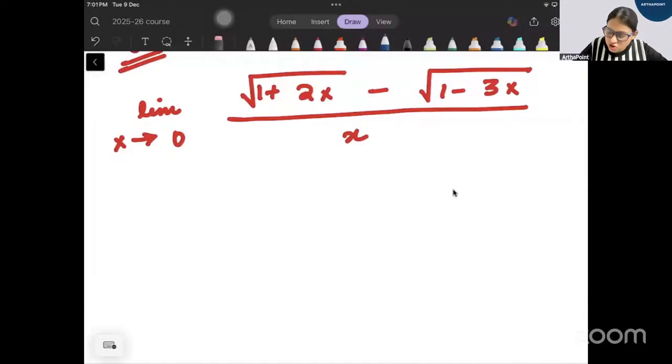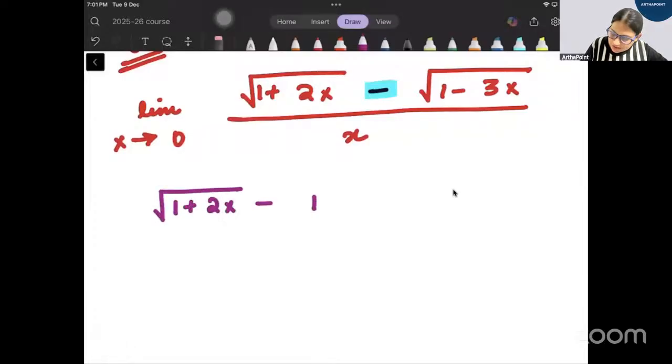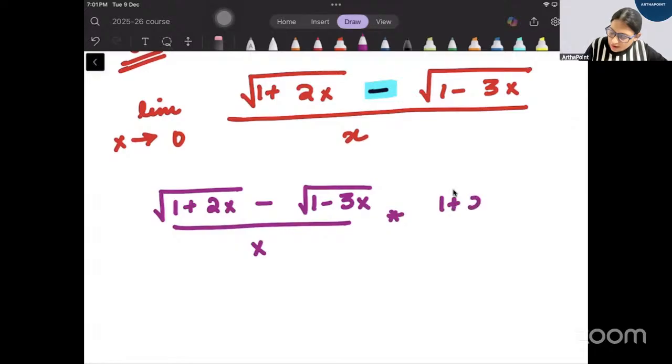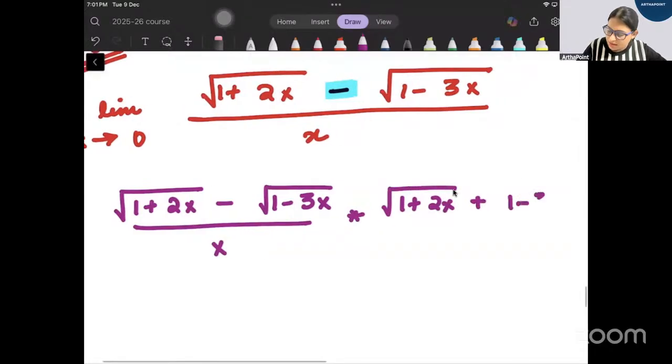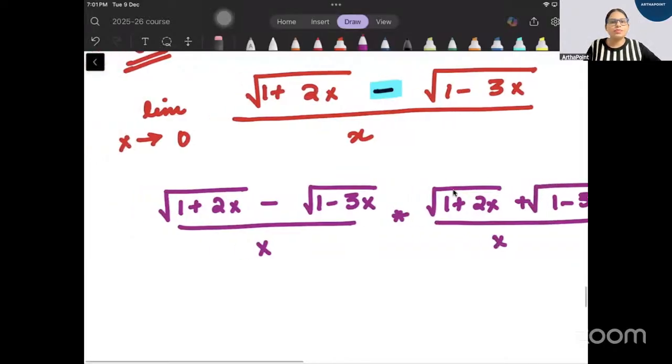In rationalization, if you see a negative sign here, you multiply numerator and denominator with a positive sign.